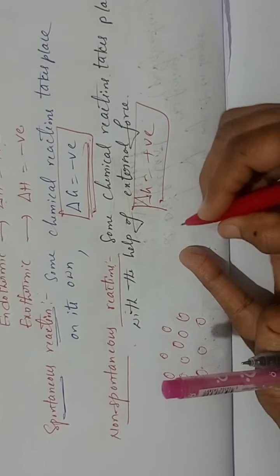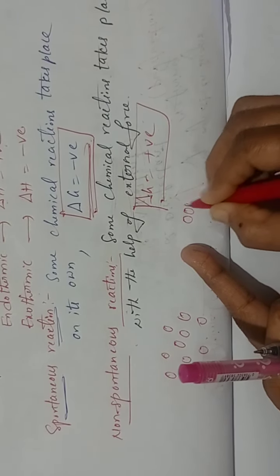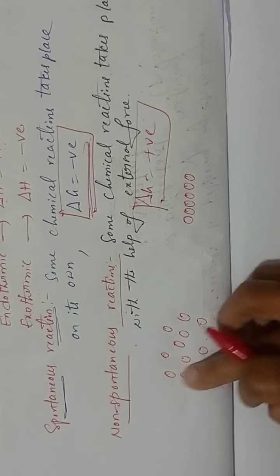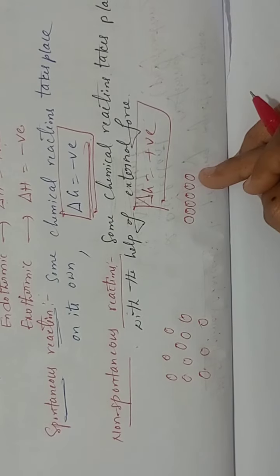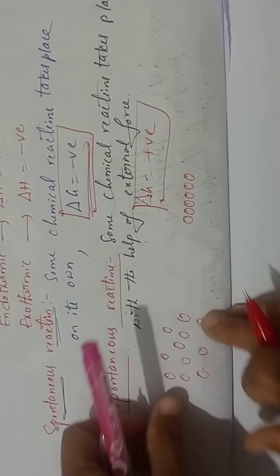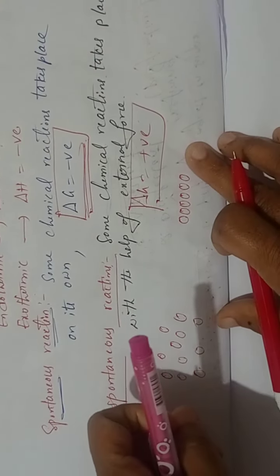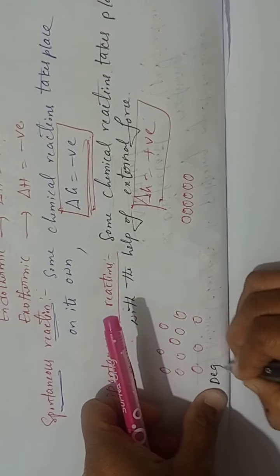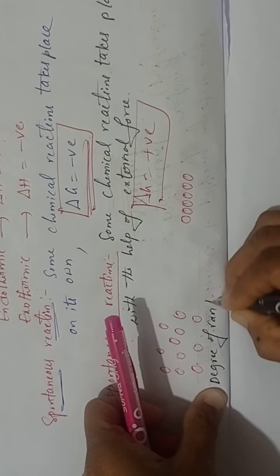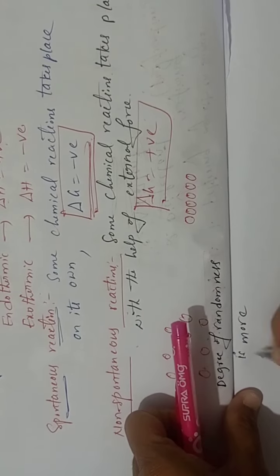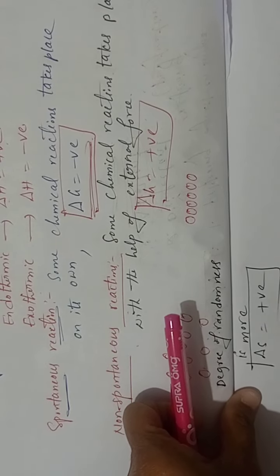Here the molecules I'm taking line-wise, orderly present, so the degree of randomness is less. Degree of randomness is more means delta S value is positive. This you have to remember.